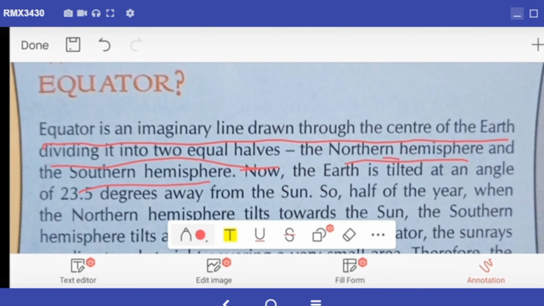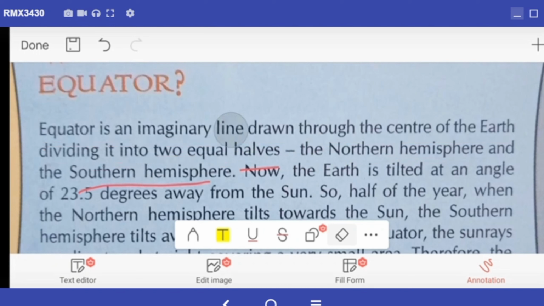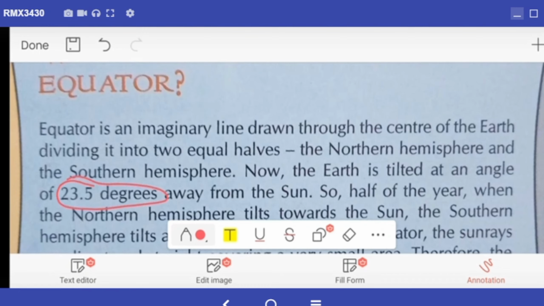Okay, let me erase this. Now, the earth is tilted at an angle of 23.5 degrees. This is very important, guys. The earth is not like this. It is like this.